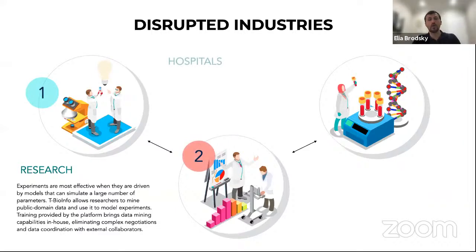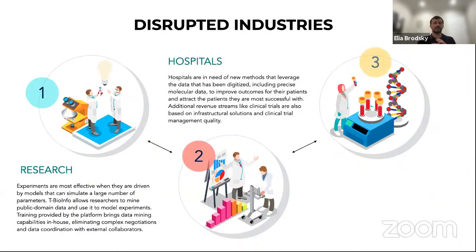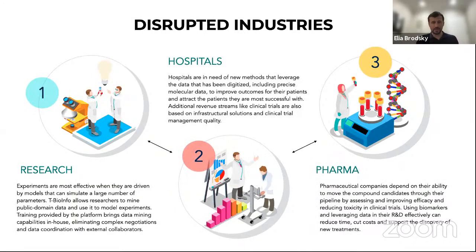And so the way that I think this data gap is disrupting industries, and why there's a growing need in people like yourselves that are learning bioinformatics and translational bioinformatics, is because all of these industries, which are huge industries, have to adapt to this new status, which is that everything is data driven and the data is becoming more complex.